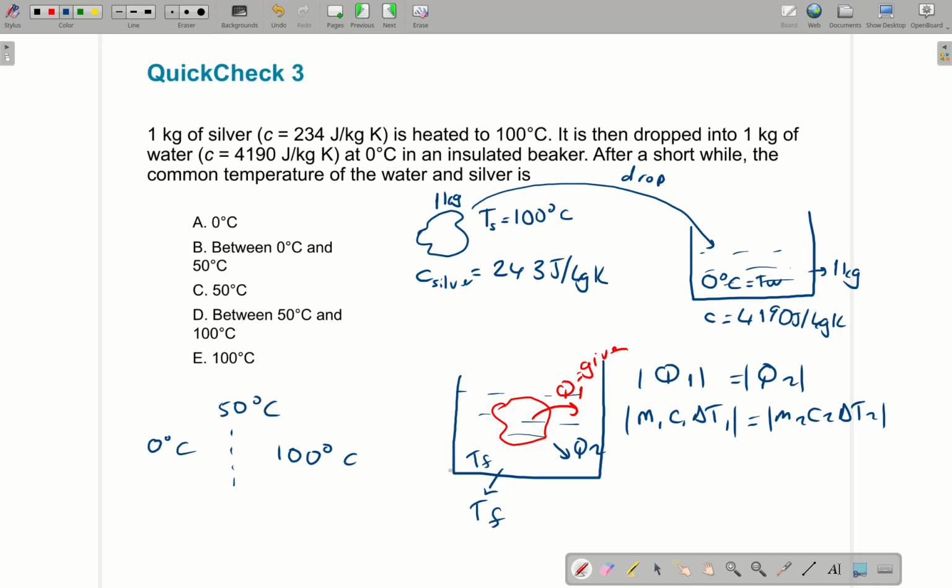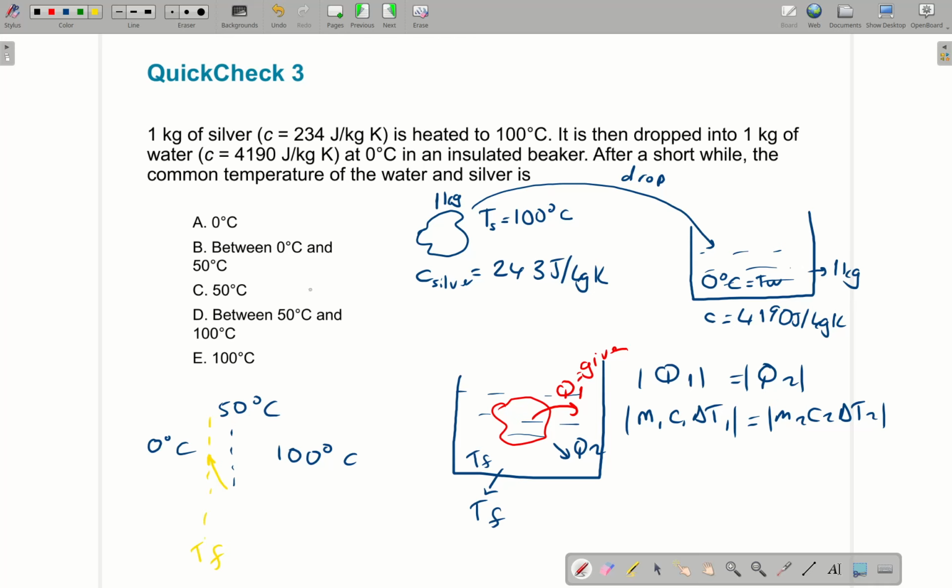If I go logical here, I would say if they had the same heat capacity, that would be the case. But water has a lot larger heat capacity, so it needs much more heat to reach the equal temperature right in the middle. So water's high heat capacity will bring the final temperature a little lower than the middle temperature, 50 degrees.